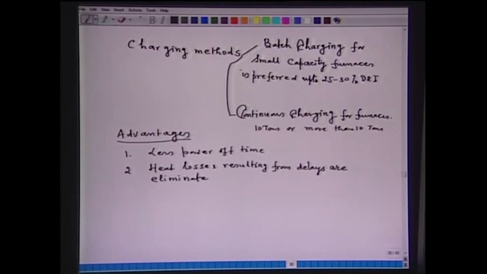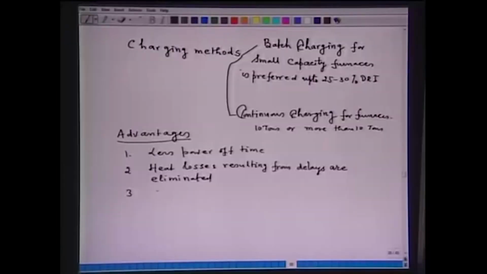It is obvious, is it not? Because you are not removing the roof as you did for batch charging. So, whatever heat losses were there during charging, are not there. Delay is also not there, because the process is going on and charging is also going on. Third, as a consequence of which, you have lower electrical losses.